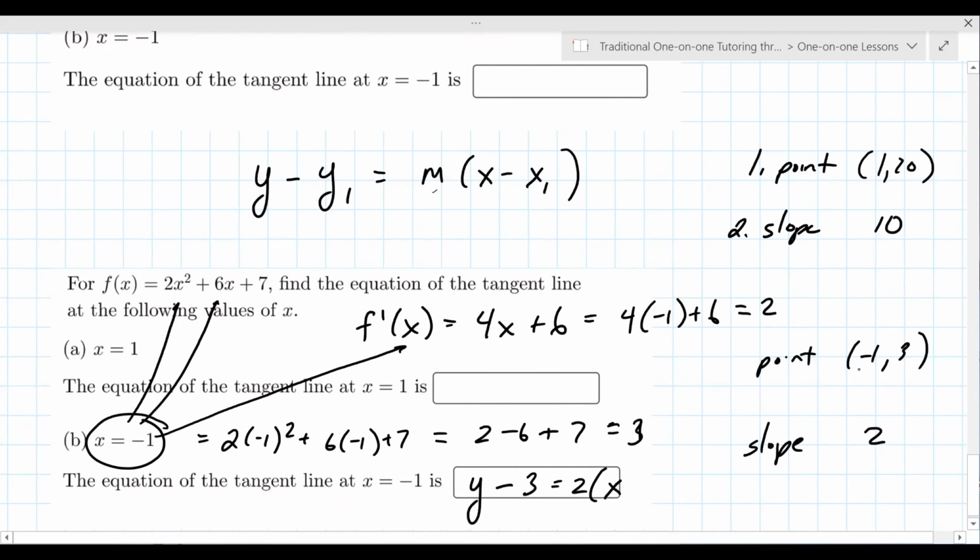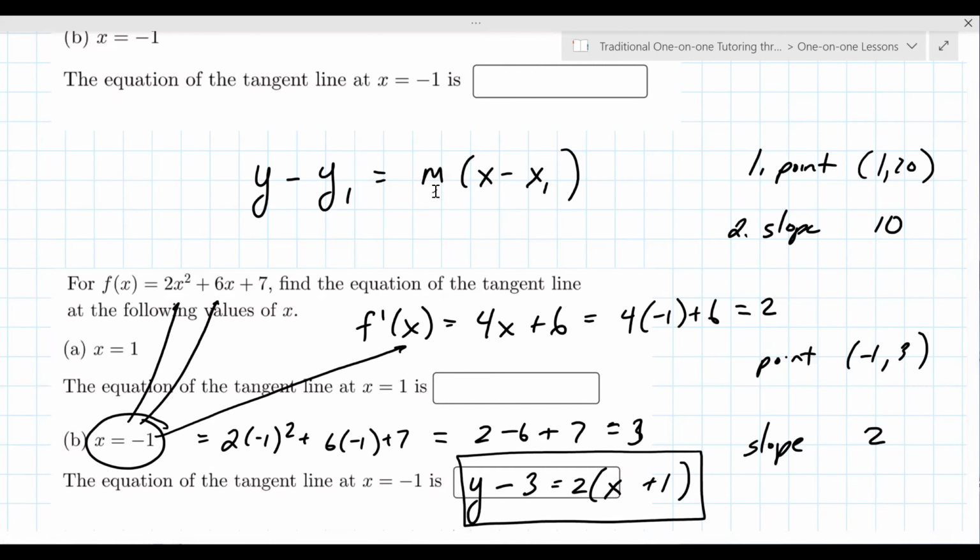Your x1 is -1, so that becomes plus 1. That's it. You will get a question like this on your exam to find the equation of the tangent line: y minus 3 equals 2 times x plus 1.